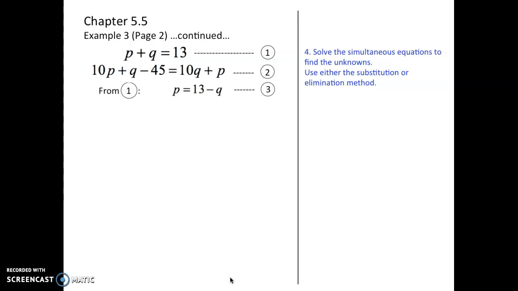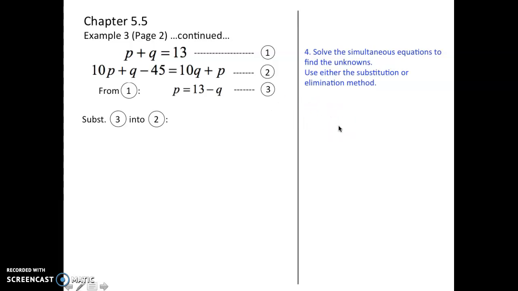So from equation 1, I'm going to bring Q over to the right hand side, which gives me P equals to 13 minus Q. Next, I'm going to substitute equation 3 into equation 2. Remember, you cannot substitute it back into the equation that it was originally derived from. So since equation 3 was derived from equation 1, you cannot substitute it back into equation 1.